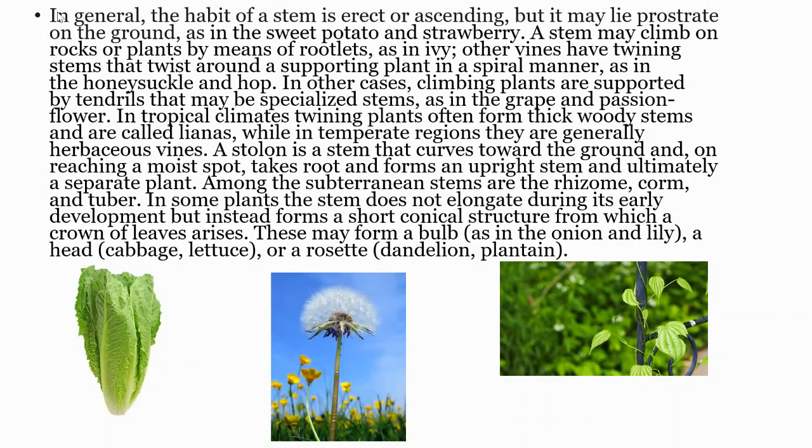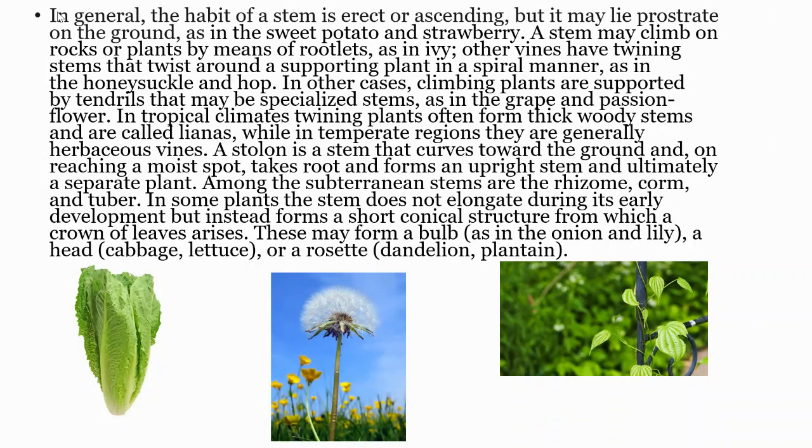In other cases, climbing plants are supported by tendrils that may be specialized stems, as in the grape and passion flower. The tropical climbing twining plants often form thick woody stems called lianas, while in temperate regions they are generally herbaceous vines. A stolon is a stem that curves towards the ground and on reaching a moist spot takes root and forms an upright stem and ultimately a separate plant.